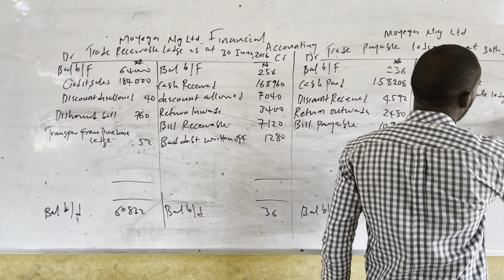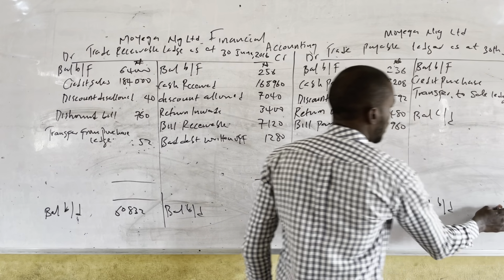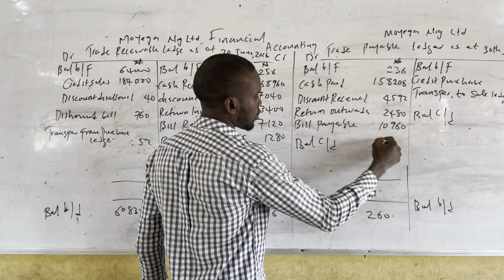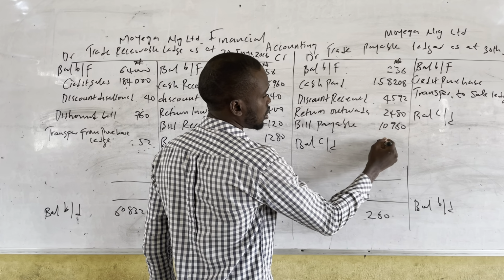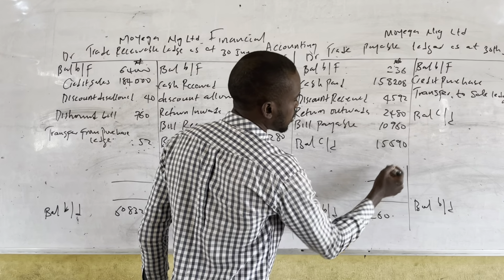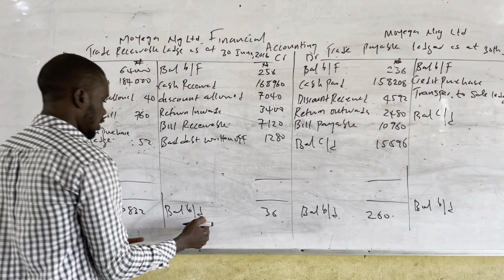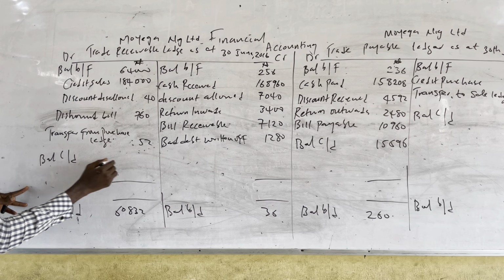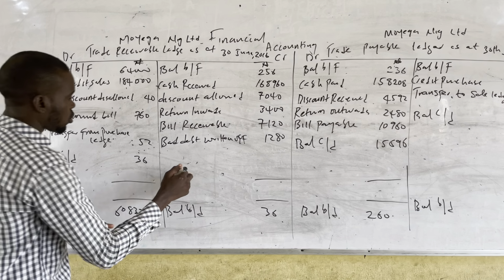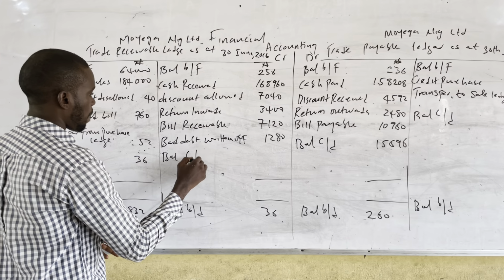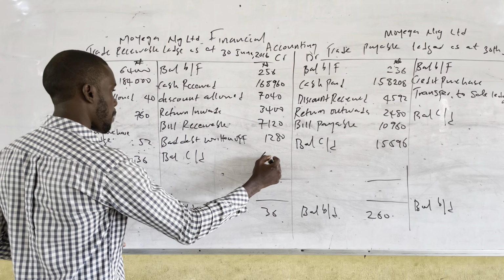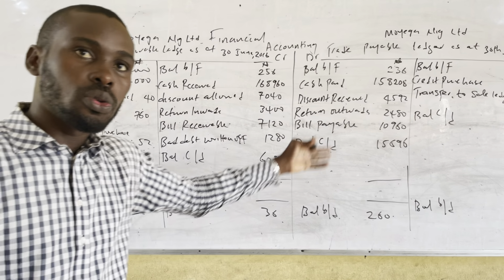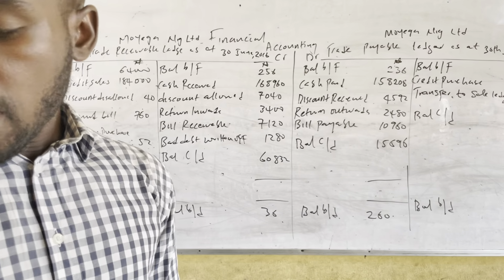How much? 260. This one has a carry down here. Balance carry down 15,696. This one has a carry down here. 36. This one also has one. So by the time you sum up these two, you should have an equal figure.